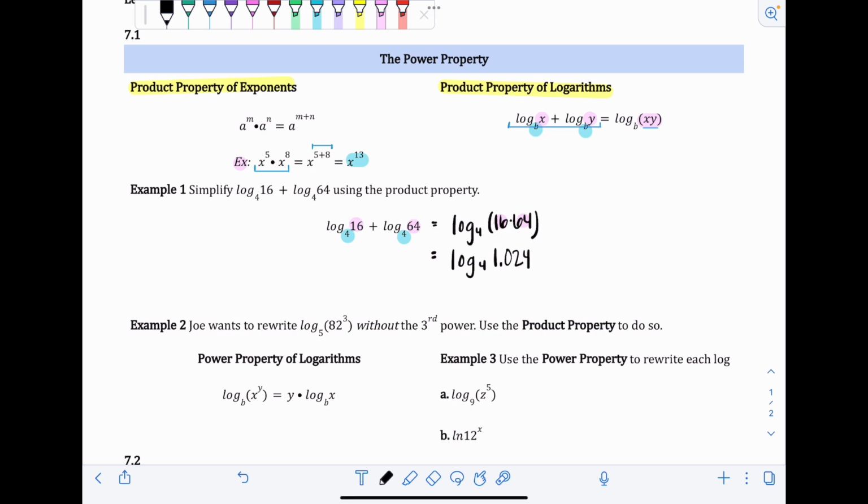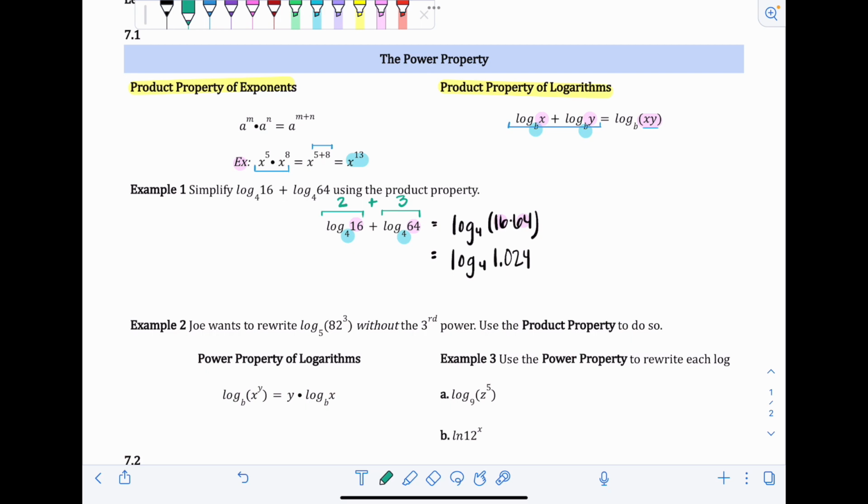Then I want to take each of these logs and replace them with their actual value, just to help it make a little more sense. Log base 4 of 16 is saying 4 to what power equals 16. That's 2, because 4 to the second power is 16. And log base 4 of 64 is 4 to what power equals 64, and that's 3, since 4 to the third power equals 64.